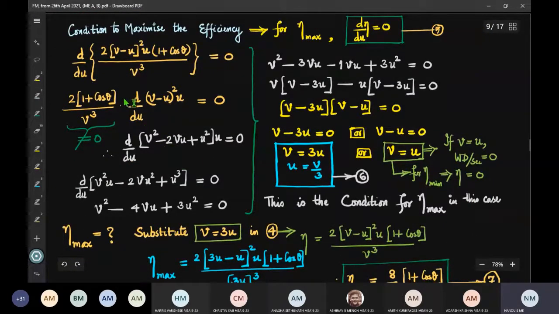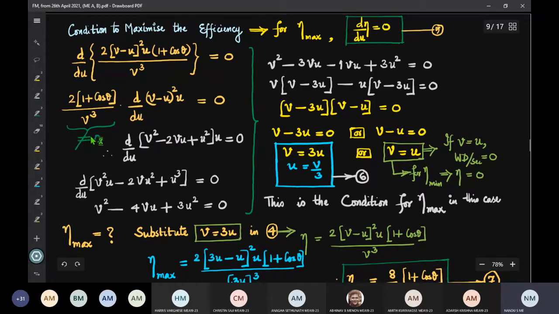In this case, you don't have to worry about this long expression, and v is not a variable in our case now. 1 plus cos theta is not a variable. So you can take 2 into (1 plus cos theta) by v cube outside the derivative, because your variable now is u. You are differentiating with respect to the variable u now, velocity of the plate.